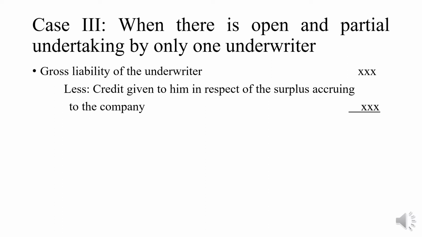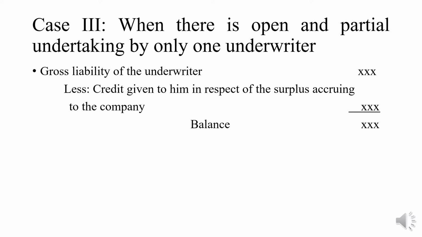In our example, the number of shares that the company is going to underwrite is 20,000, and if the unmarked applications are 25,000, then there is a balance of 5,000. That means the liability of the company is 20,000, but the unmarked applications are 25,000. This 5,000 becomes a surplus, and that should be credited to the underwriter by deducting it from the gross liability.